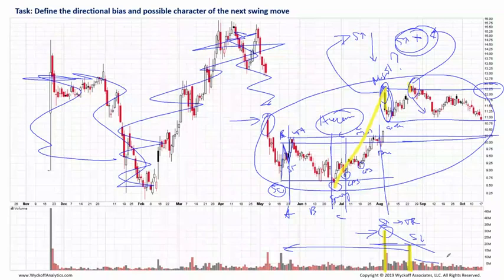No. What about the next reaction after that? This one right here. Does the selling increase or decrease? The selling decreases. Does it produce an increasing downward result? No, it doesn't.